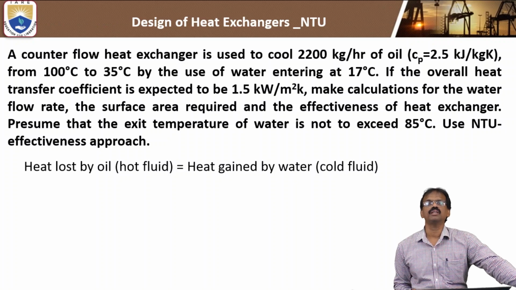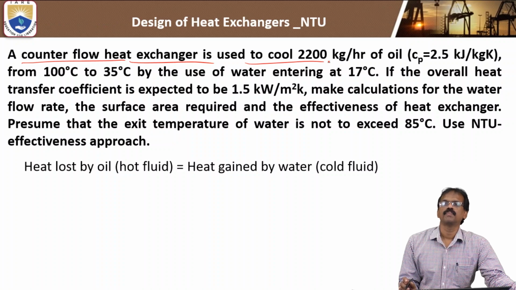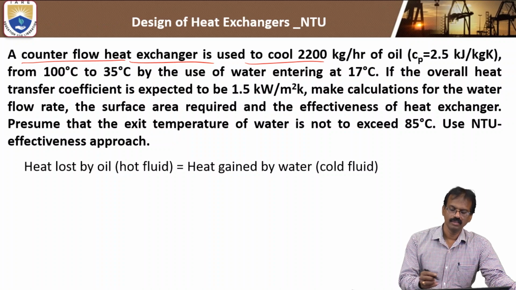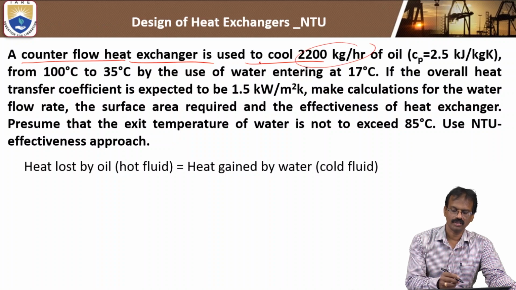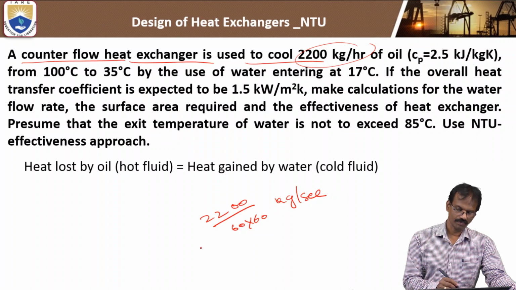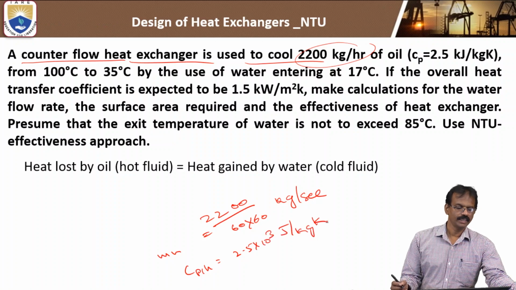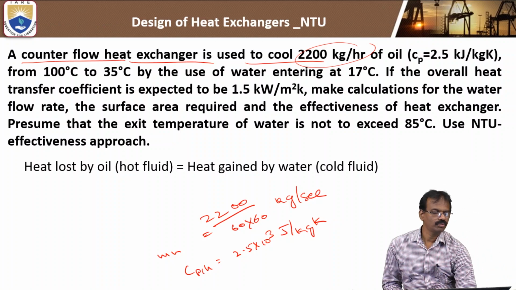Now we'll see one more numerical. A counterflow heat exchanger is used to cool oil at 2200 kg per hour. Here also you can convert kg per hour into kg per second, dividing by 60 into 60. So this is mH and the specific heat of the oil, CPH, 2.5 kilojoules, that is 10 cube joule per kg Kelvin.